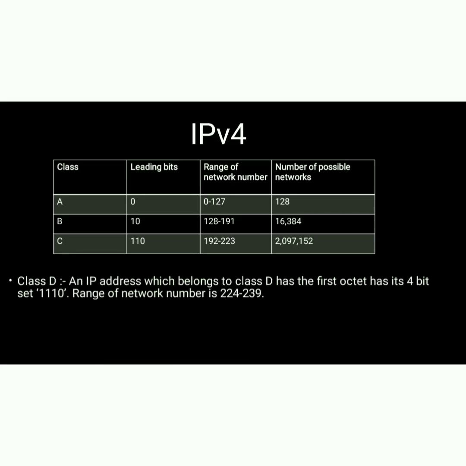Class D. An IP address which belongs to Class D has the first octet with its first 4 bits set to 1110. Range of the network number is 224 to 239. It is used for multicasting.